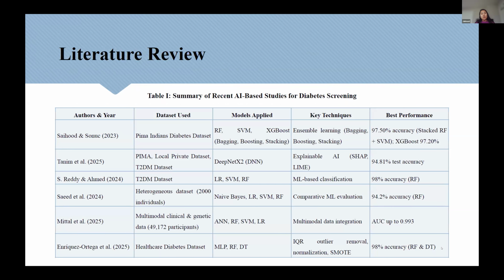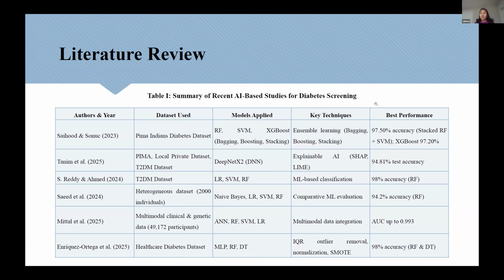To understand what other people have done in this area, I have selected a few comparative analyses. One was conducted in 2023 on PIMA Indian diabetes. The other one is a combination of a few datasets. Then there are a few more on different datasets as well. All these models that they have used, some are mainly machine learning models, some are even deep neural networks.